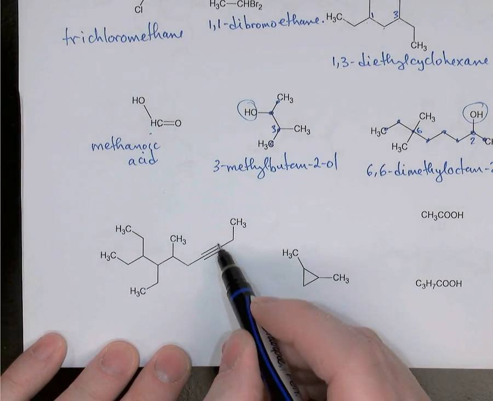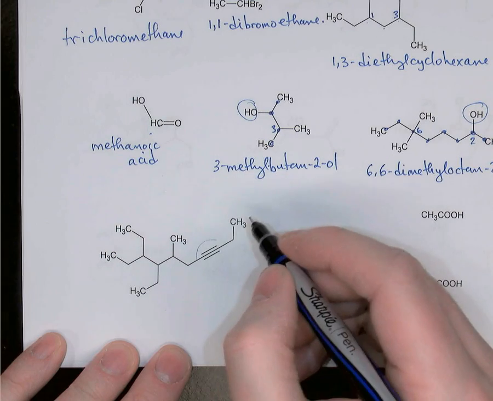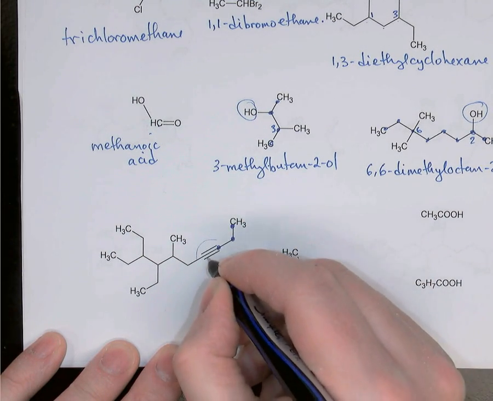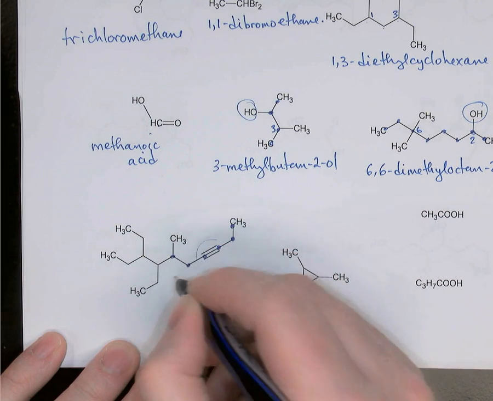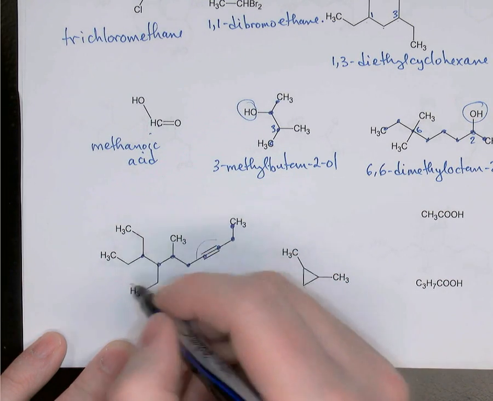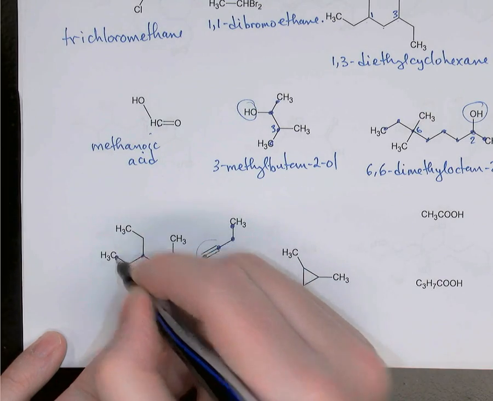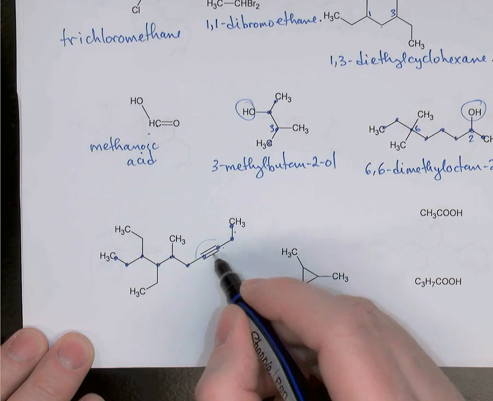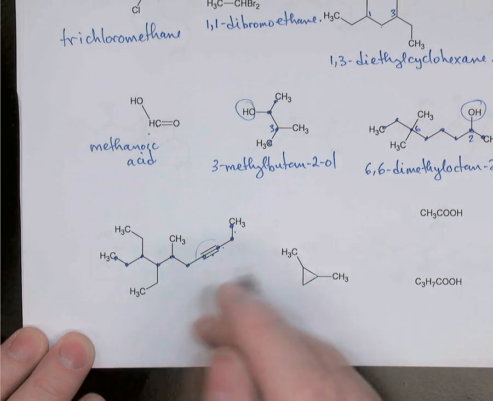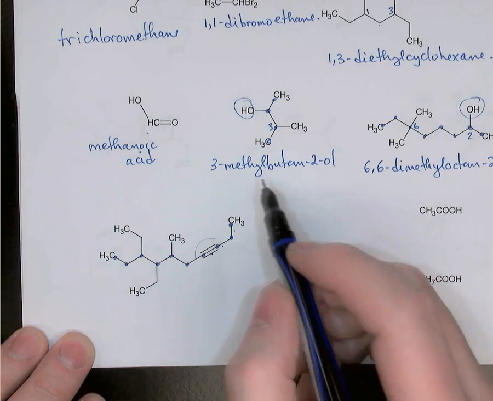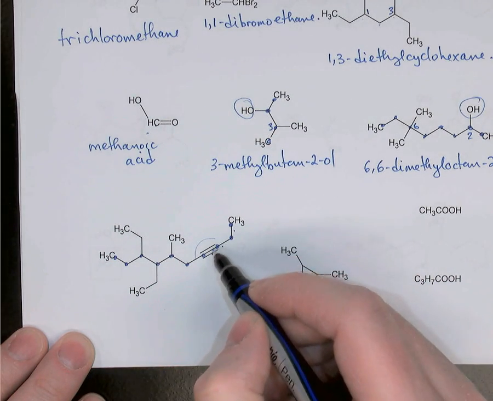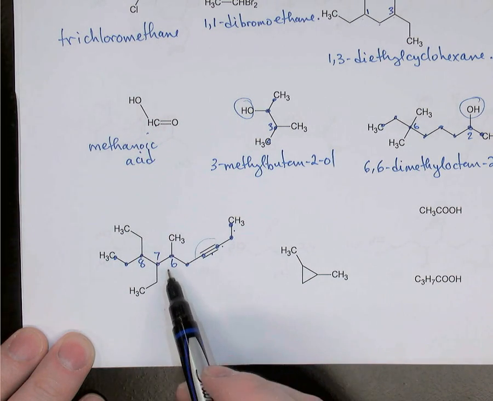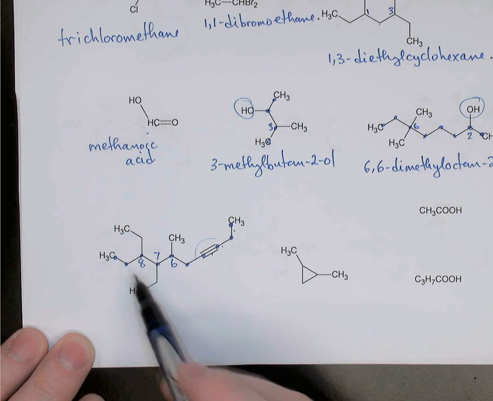Next we've got an alkyne again with a triple bond, numbering from the end closest to the triple bond, carbon 1, 2, 3, 4, 5, 6, 7, 8, and now it doesn't matter which way we go, 9, 10. So it's a third bond. Bond 1, 2, 3 is the triple bond, so it's a dec-3-yne. Numbering the carbons, 1, 2, 3, 4, 5, 6, 7, and 8. So carbons 7 and 8 have ethyl branches.